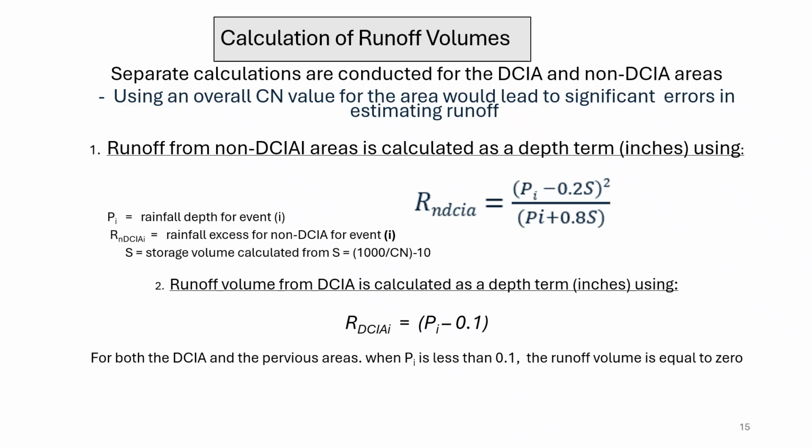Using the formula RDCIAi equals Pi minus 0.1, this 0.1 represents the initial abstraction, which accounts for factors like interception and surface depression storage before runoff begins. It's important to note that for both the DCIA and the pervious areas, if the rainfall depth Pi is less than this 0.1 initial abstraction, then the runoff volume is considered to be zero.